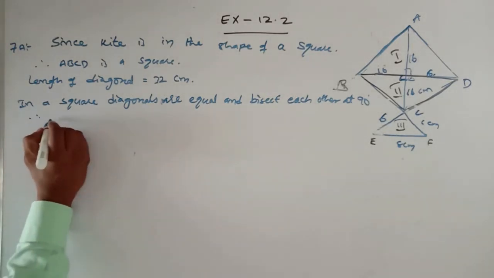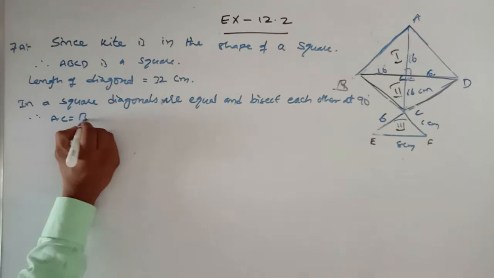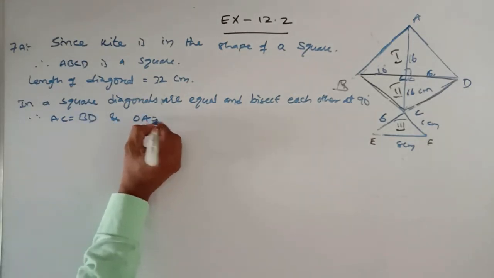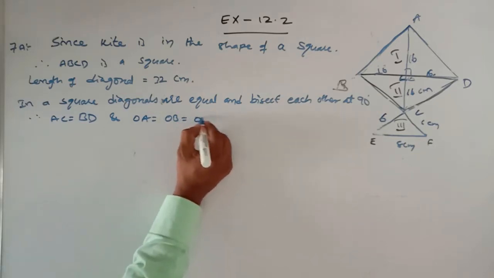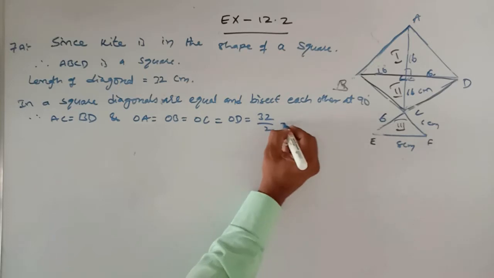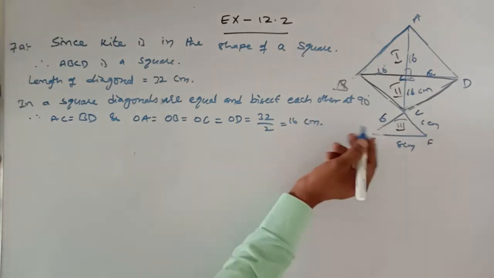So therefore AC is equal to BD and OA is equal to OB is equal to OC is equal to OD is equal to 32 by 2, which is equal to 16 centimeters.